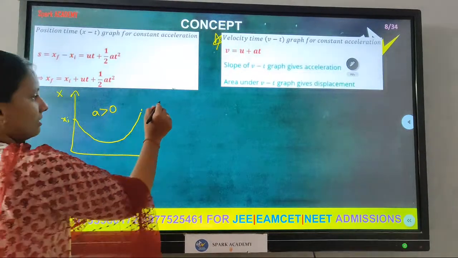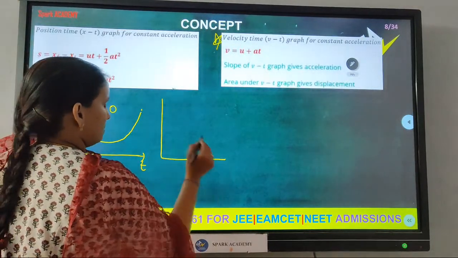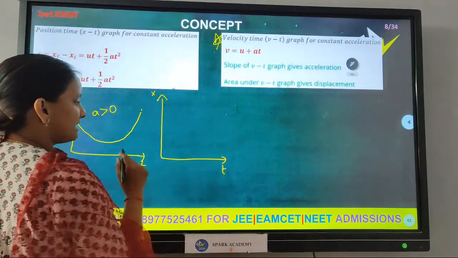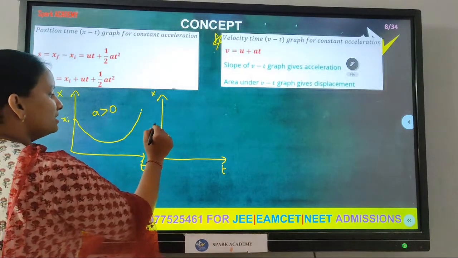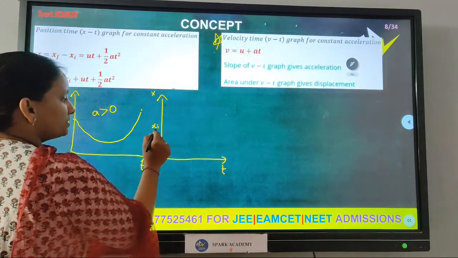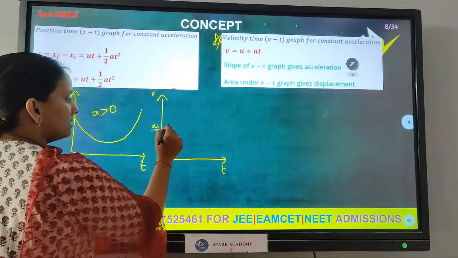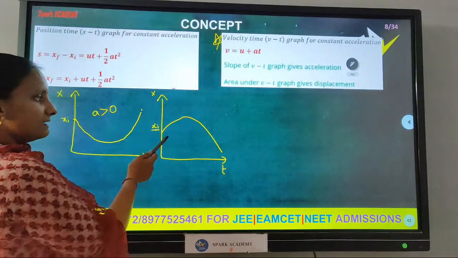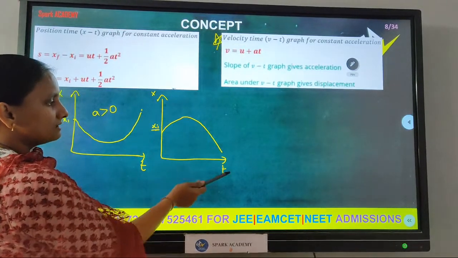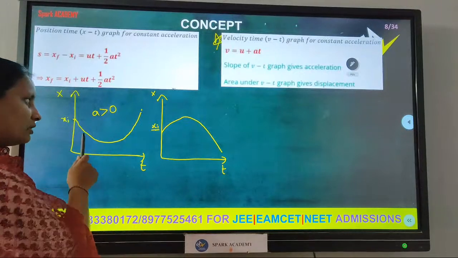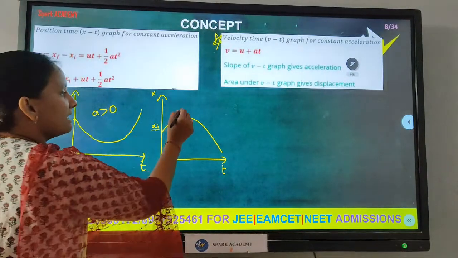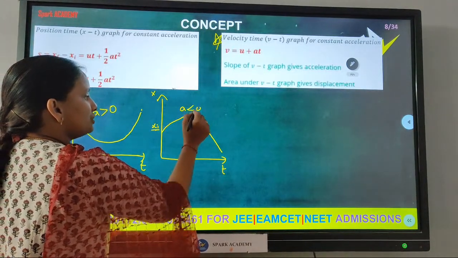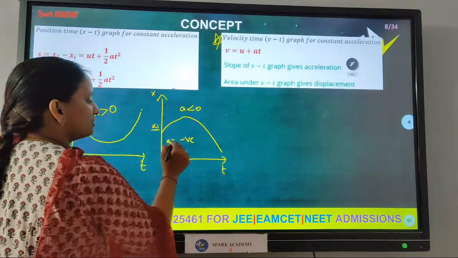For example, position is taken on the y-axis, time is taken on the x-axis, and initially the position of the object is here. As time passes, the graph shows like this. Here the parabola opens downward, there the parabola opens upwards. Here acceleration is less than 0, so it is negative acceleration.